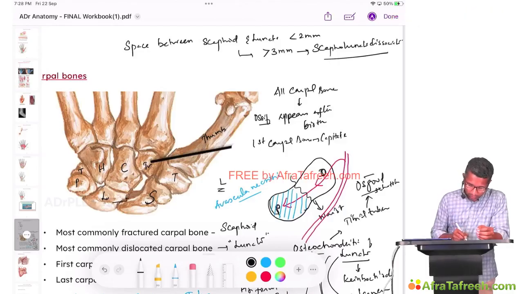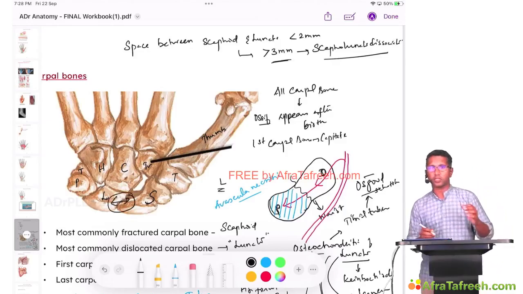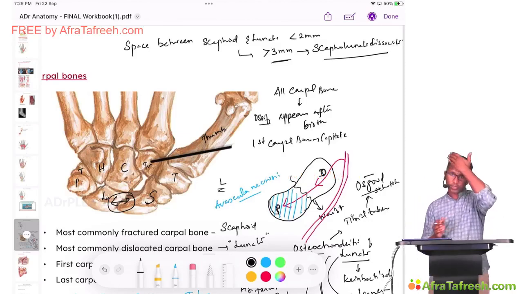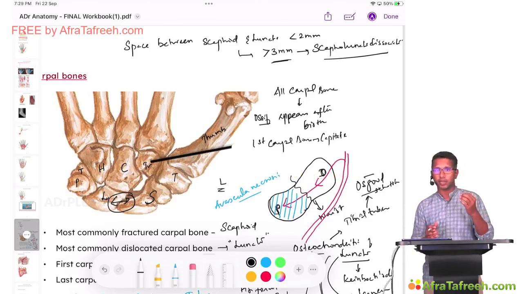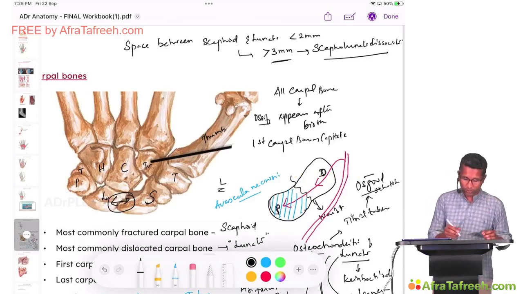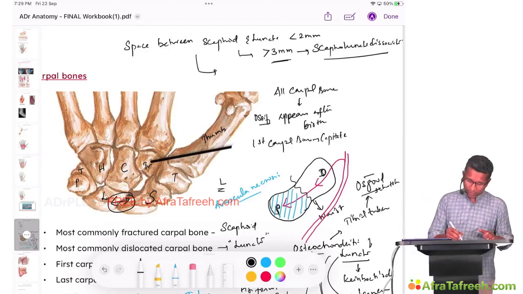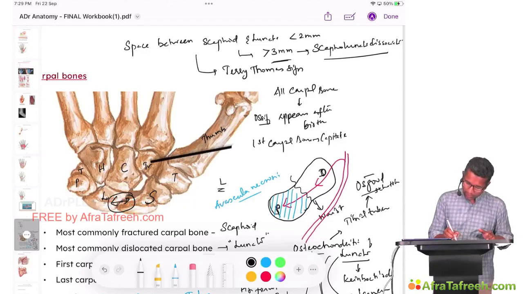So if the space between the lunate and the scaphoid increases by more than 3 mm, we call this scapholunate dissociation. There is a sign for scapholunate dissociation. It is named after a famous England actor, a comedian. That sign is called the Terry Thomas sign.